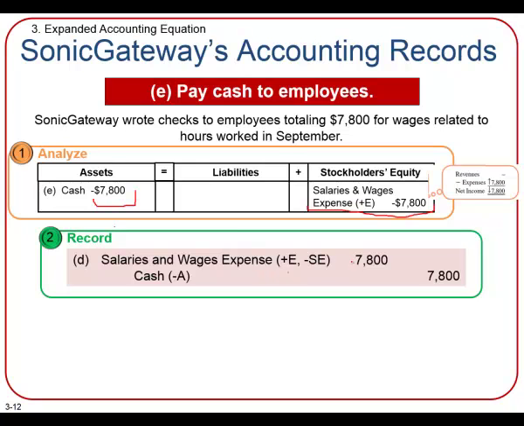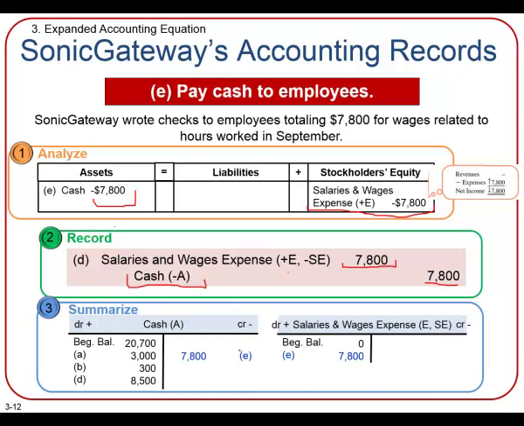Salary and wages increased, and it's a debit because it makes stockholders' equity go down. And our cash went down, and it's an asset, so we decrease it with a credit. This is what it looks like in our T accounts. Remember, salaries and wages expense is part of those stockholders' equity accounts. And we decrease stockholders' equity with a debit.